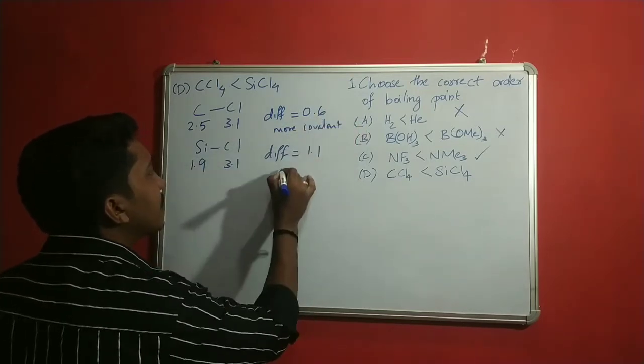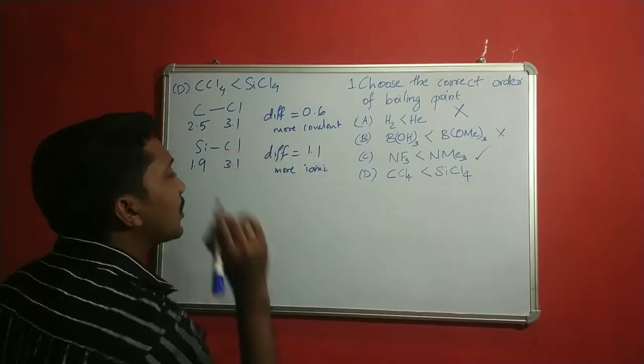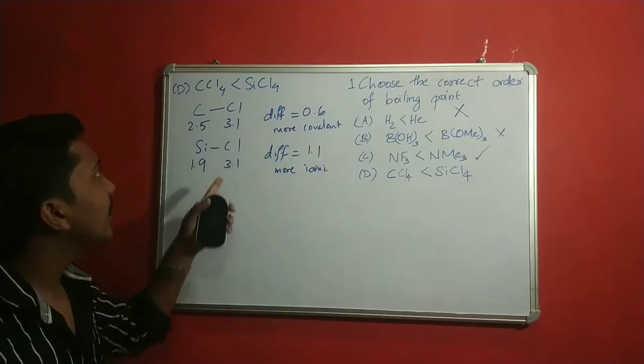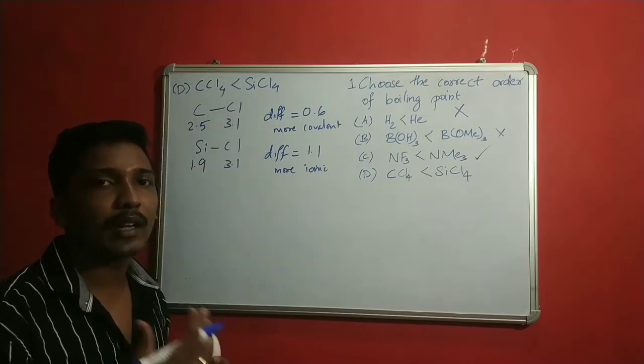Higher value means more ionic. That means in the case of SiCl4 there is more ionic kind of interaction.